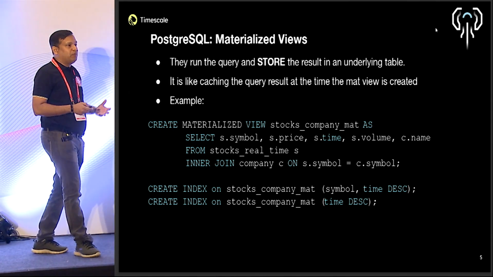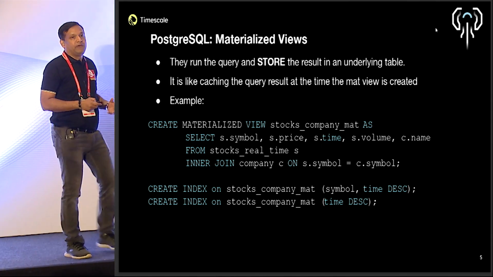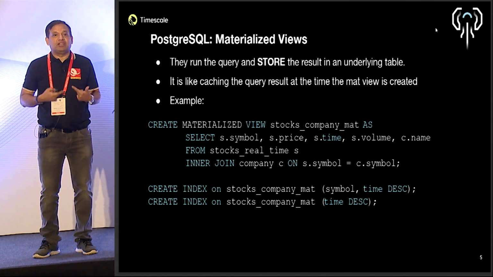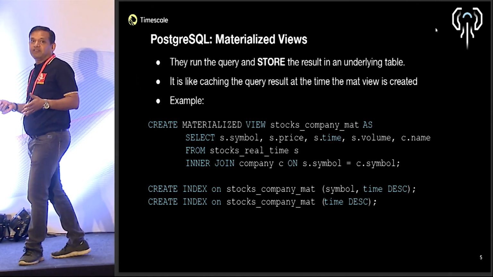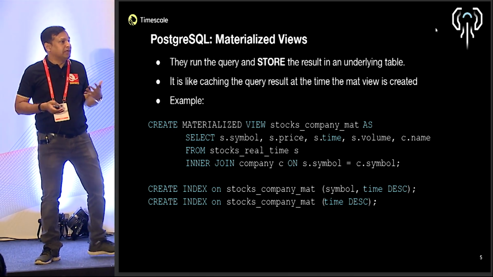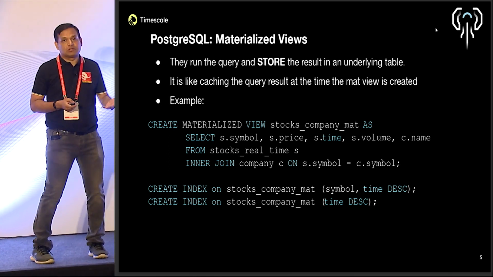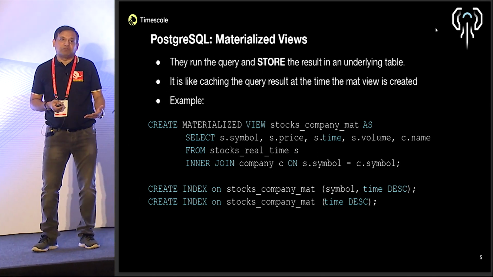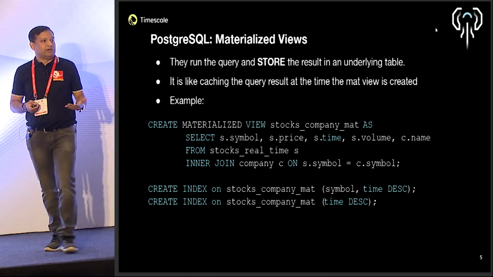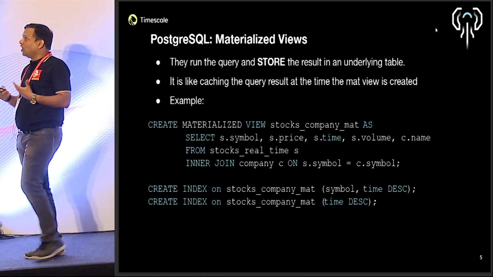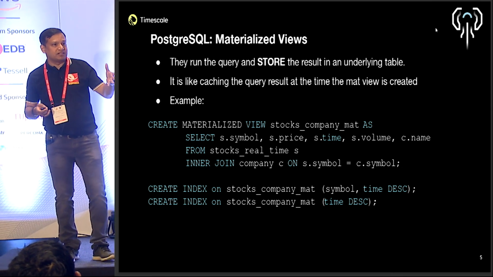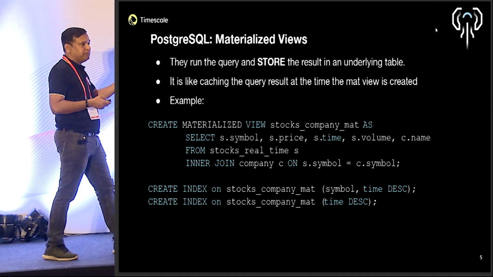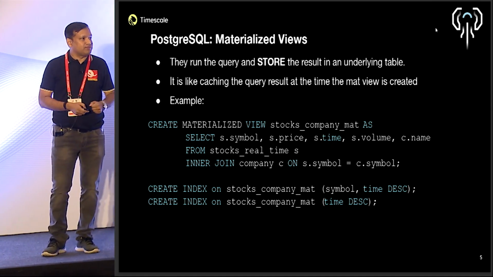But the problem with regular views is they execute every time you run the view. So if it's a very complex query, if it is data and CPU intensive, it's going to take a lot of time. So the solution that Postgres came up with is materialized views. Now what you do is you run the same query, but whatever is the result of that query at that point in time, you save it into a materialized view.